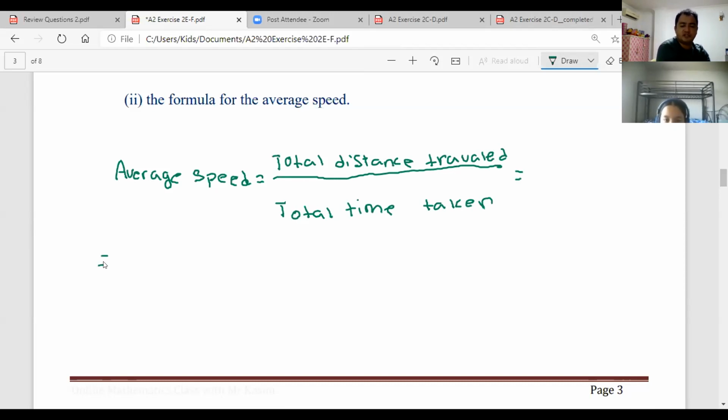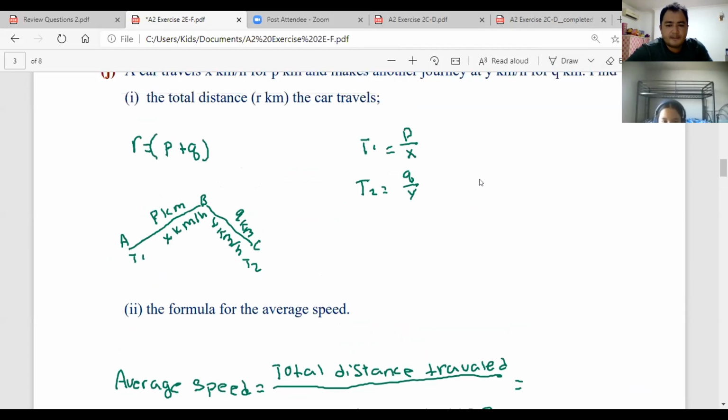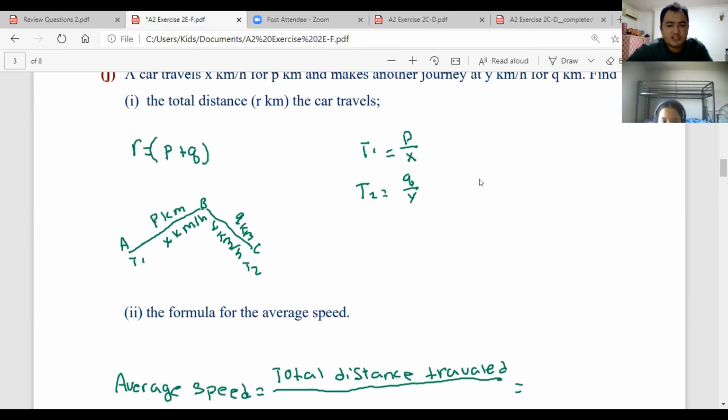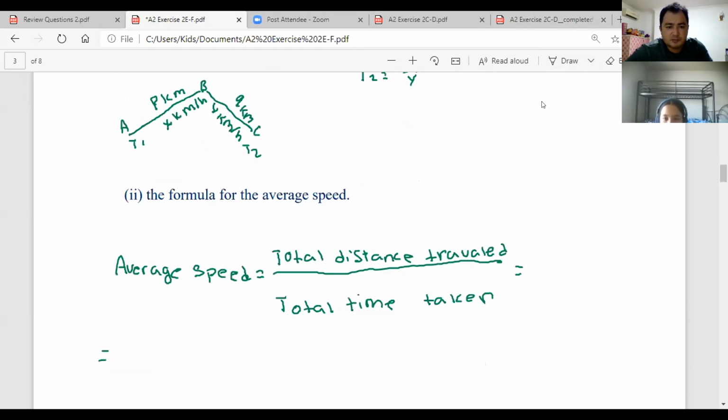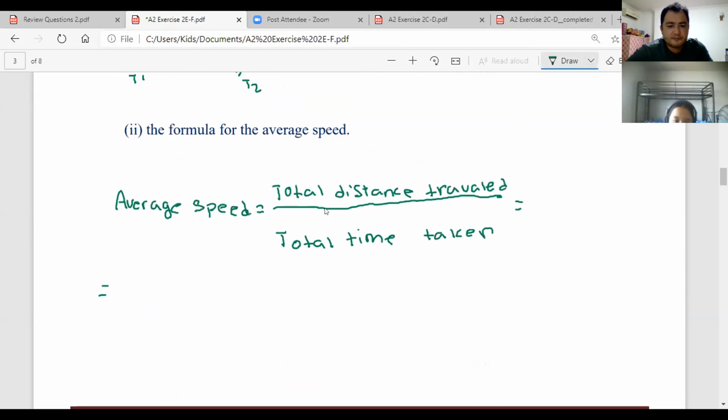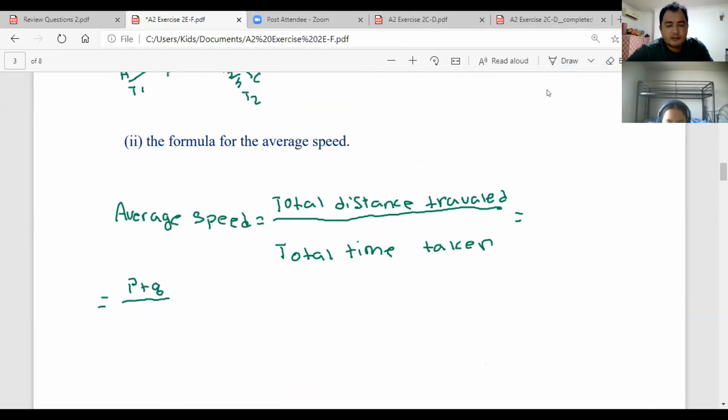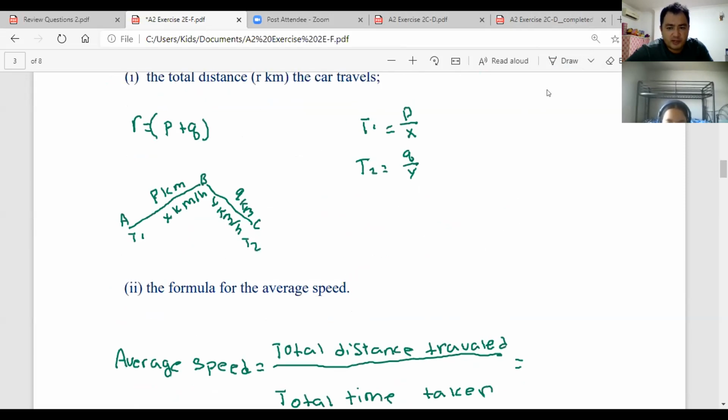Okay, now what is the total distance, Shahina? We have just answered in the first part of the question, right? What is the total distance? P plus Q. Over what is the total time, Shahina? It is T1 plus T2, right?